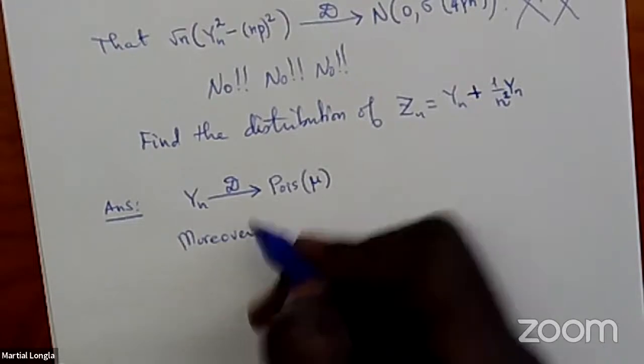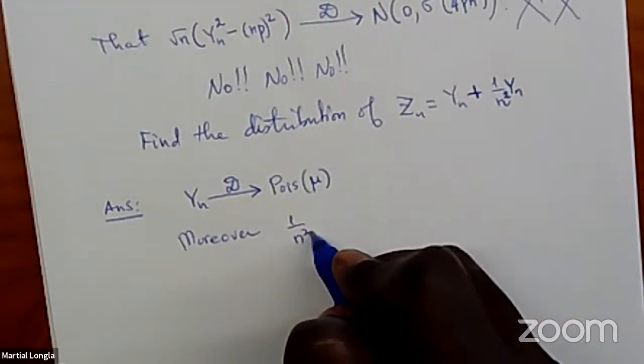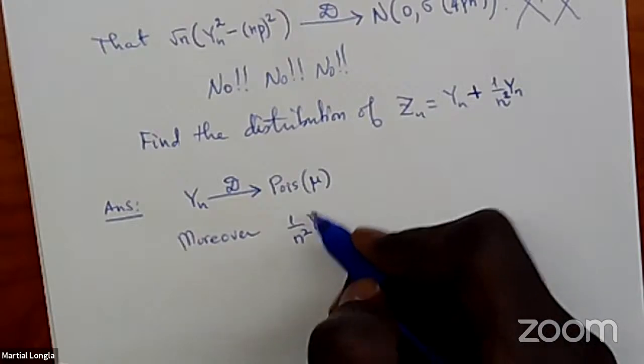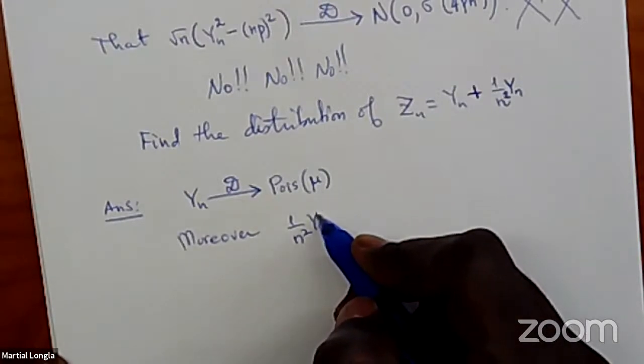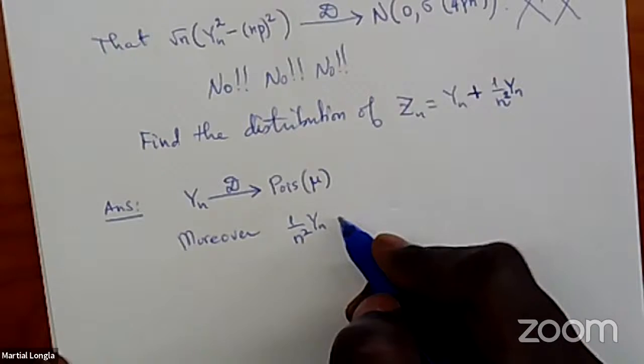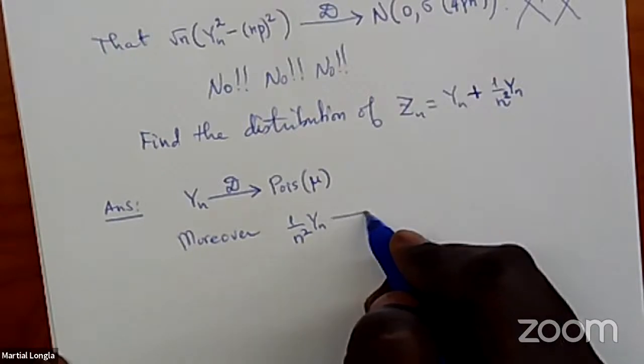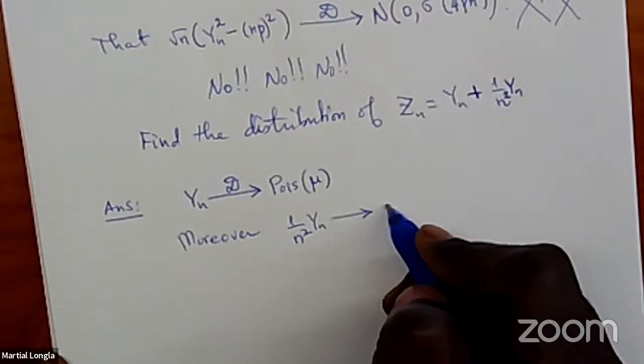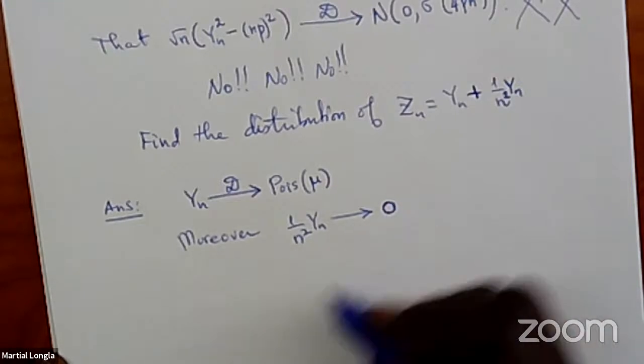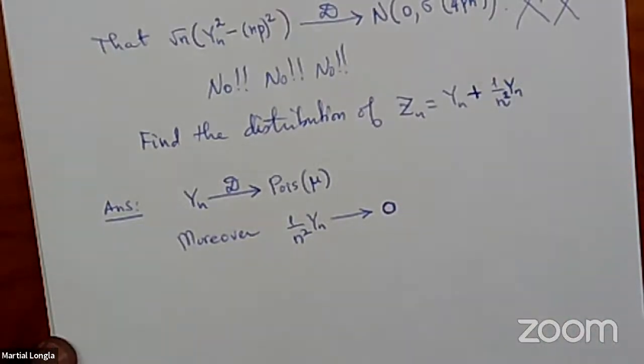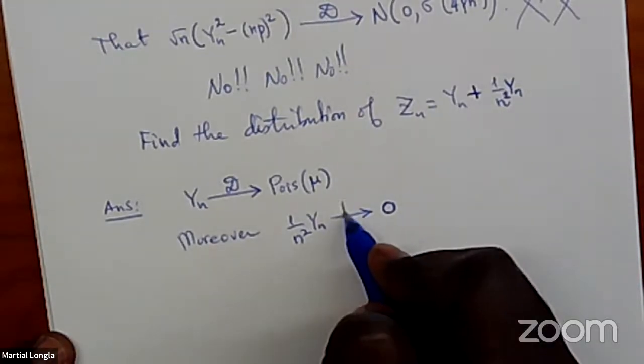Moreover, 1/n squared times Yn. Can I say this thing converges in probability to 0?